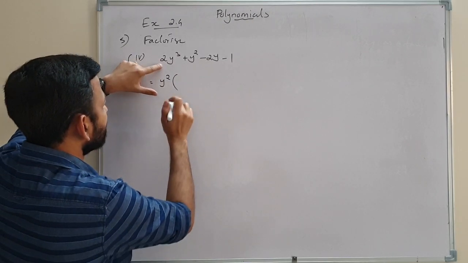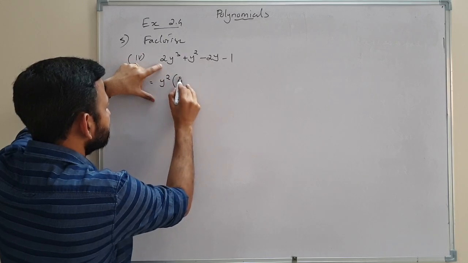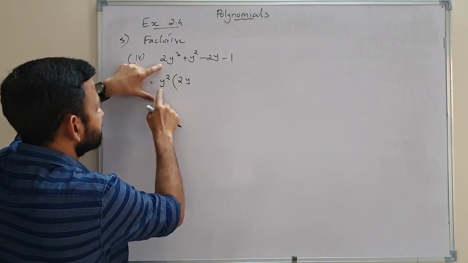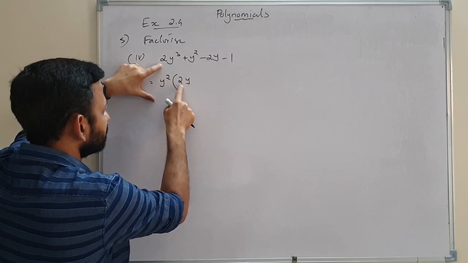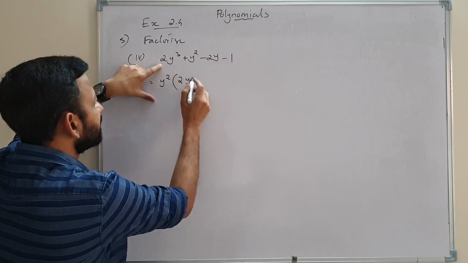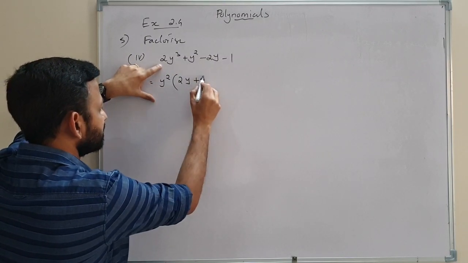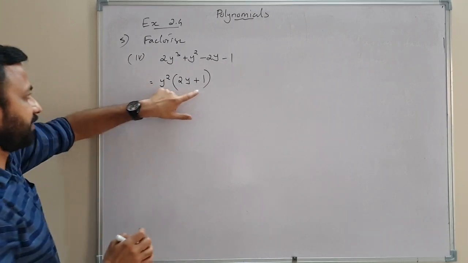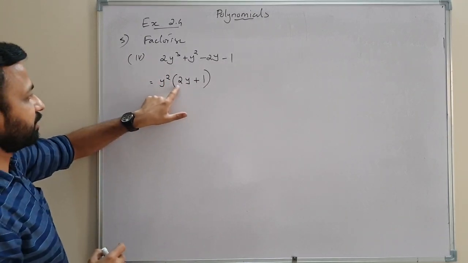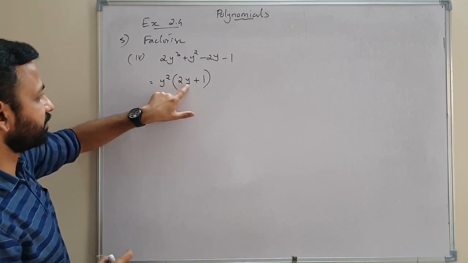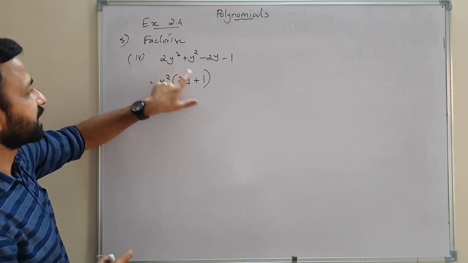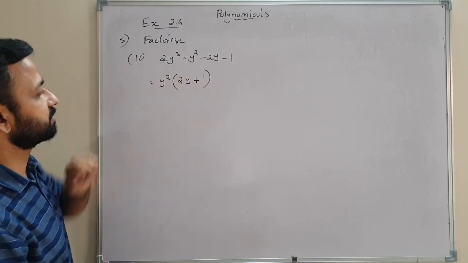When we take y square outside from y cube, then 2y will be there: y square into 2y is 2y cube, plus y square outside, so 1. Verify: y square into 2y is 2y cube, and 1 into y square is y square.